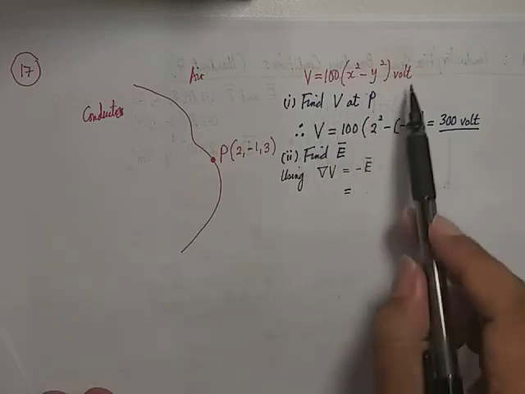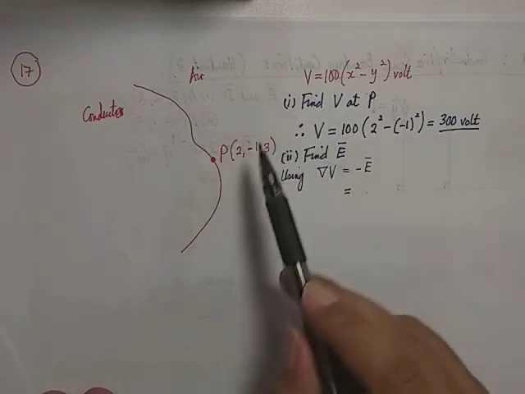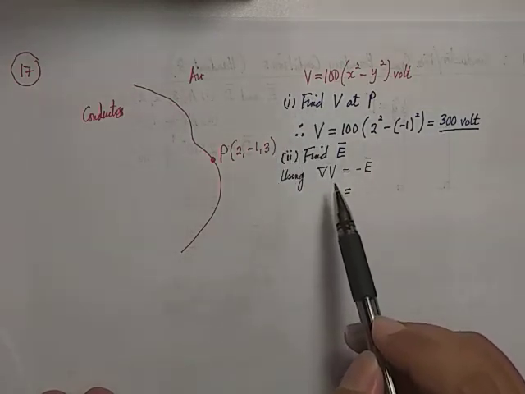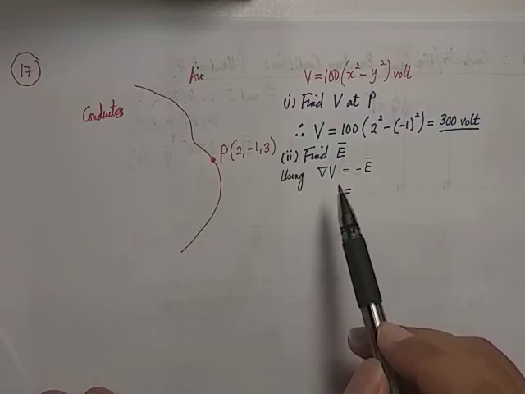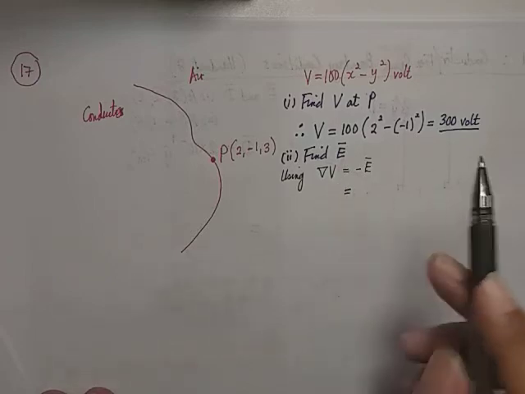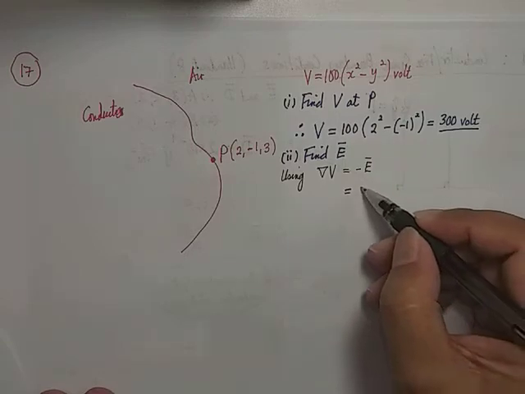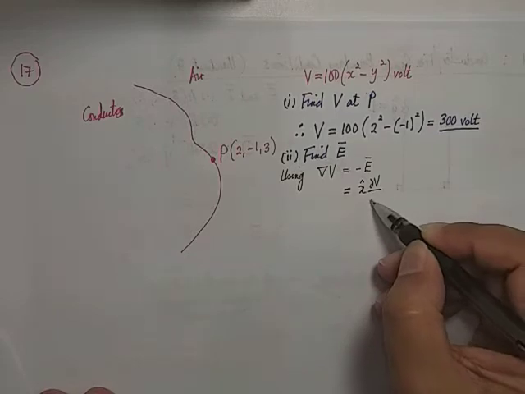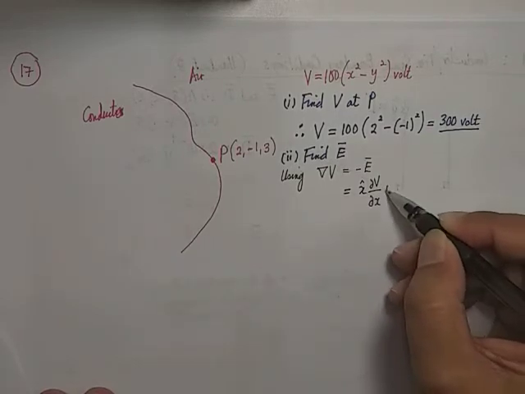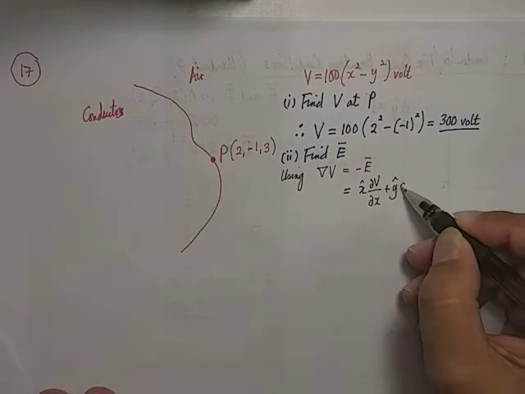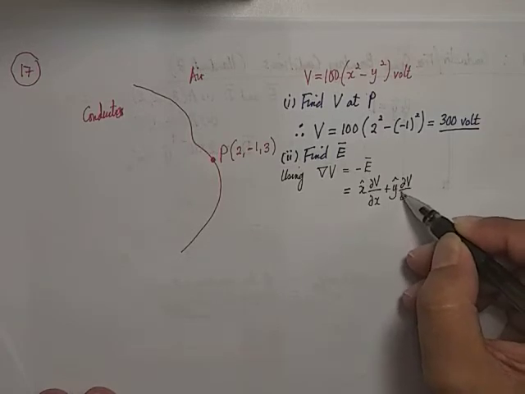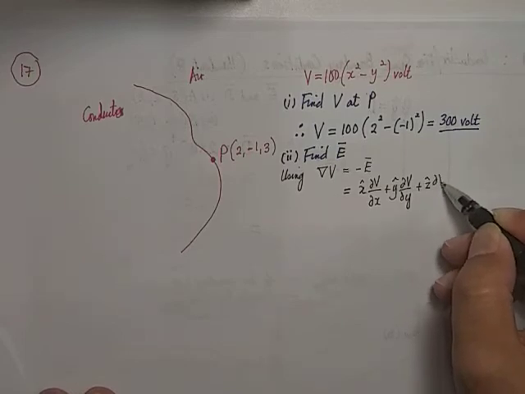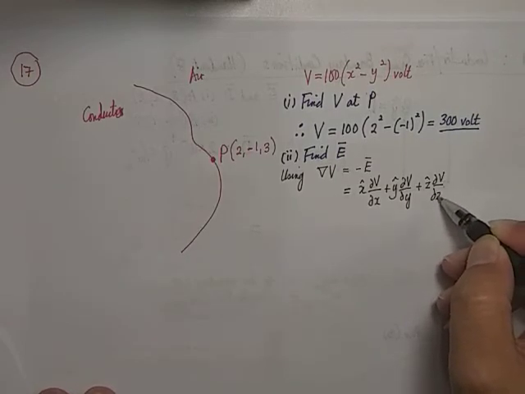The parameters given so far only deal with x, y, z, so the grad also needs to be represented in Cartesian coordinates. Recall the equation: for the gradient, x is dV over dx, y is dV over dy, and finally z is dV over dz.